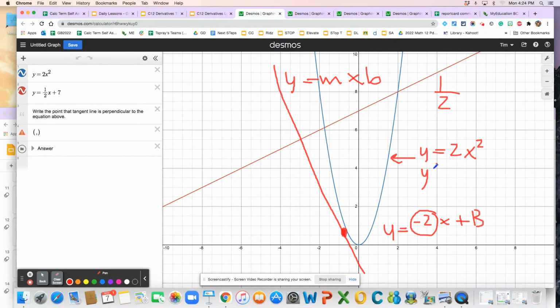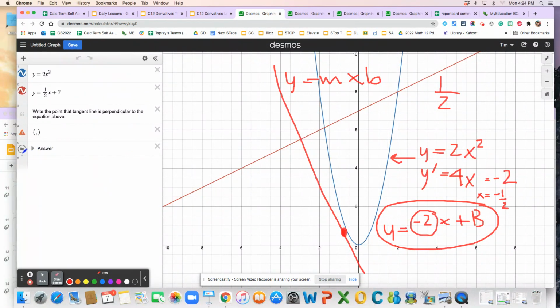So I'm going to take the derivative here, which is going to be 4x. What's the derivative of this line? The derivative is negative 2. So negative 2 must equal 4x. That must mean that x has to equal negative 2 divided by 4, which is negative 1/2.